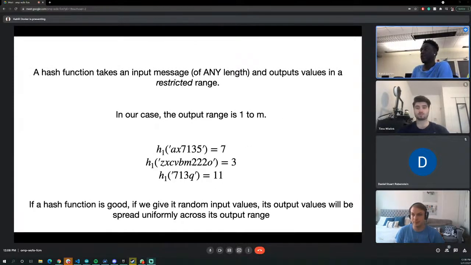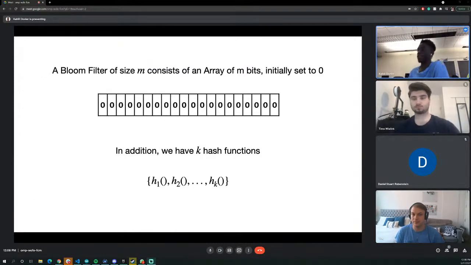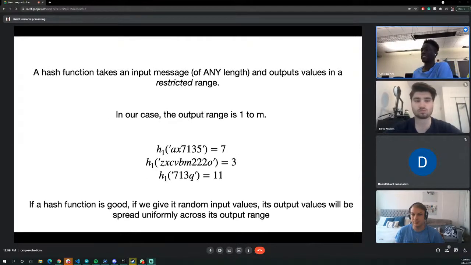Just a real quick background on hash functions and how they work. They take an input message of any length and output values in a restricted range. For a Bloom filter, our hash function takes in a message, however long we want, and outputs a value in the range of our Bloom filter.